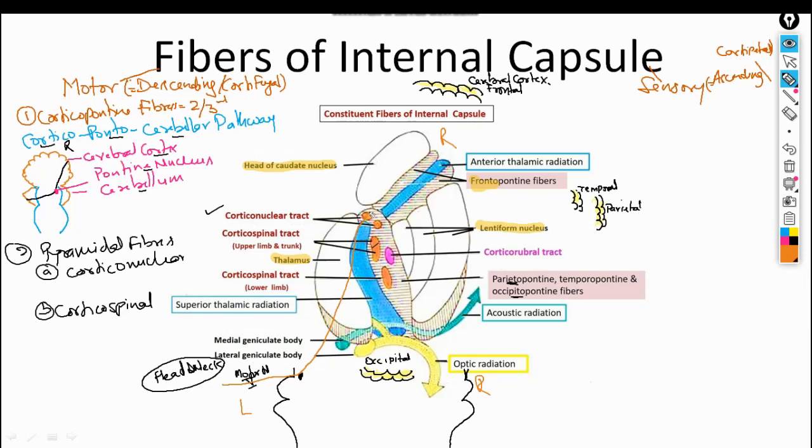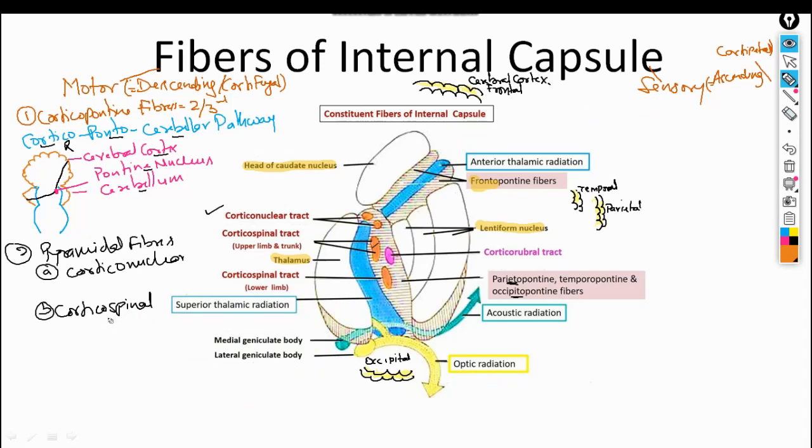Then from the internal capsule, it will relay to the motor area of the cerebral cortex, that is area number 4 here in the motor area. So this part of the internal capsule, which is caudal, is the crus cerebri, and this part is the corona radiata, radiating and reaching to Brodmann's area number 4.